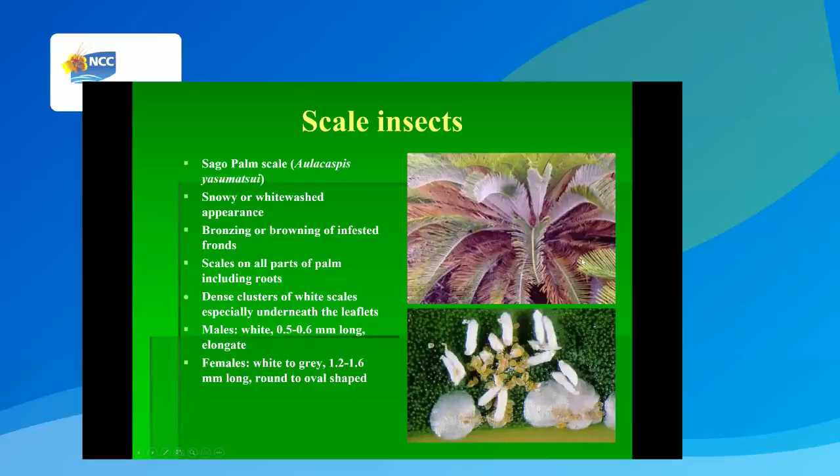And those small yellowish ones being the younger stages of them. And what they did, they attacked mainly the sago palm and killed off many hundreds of them, covered the leaves in an almost snow or whitewashed appearance, and slowly sucked the living daylights out of those plants and killed them.